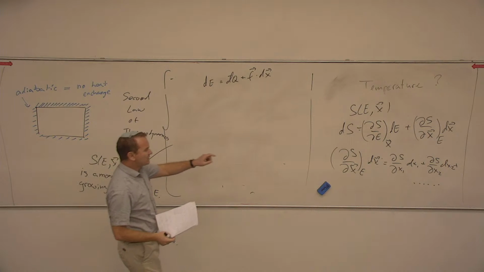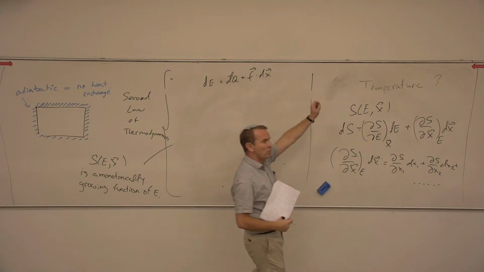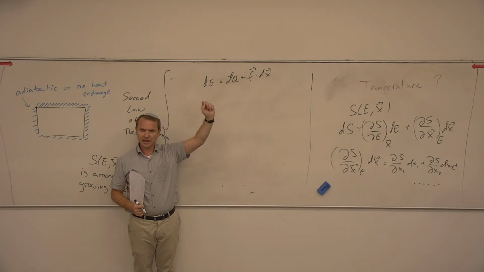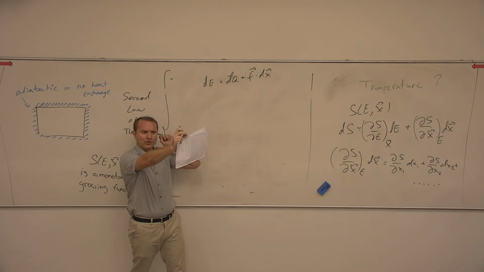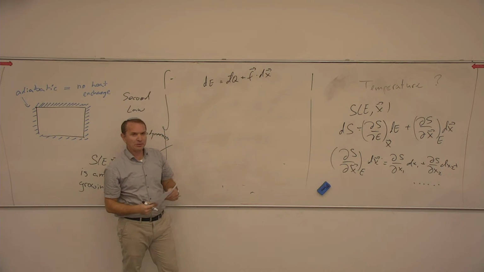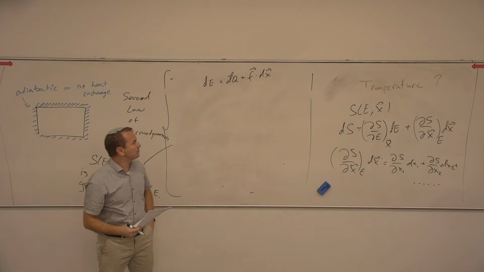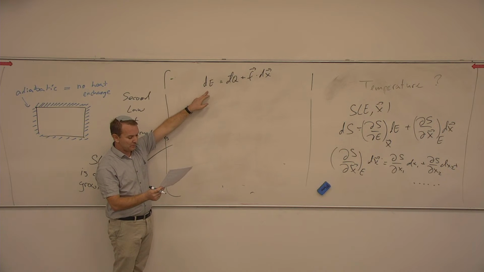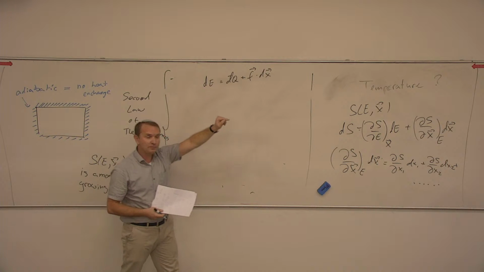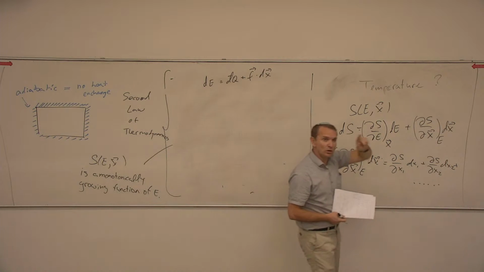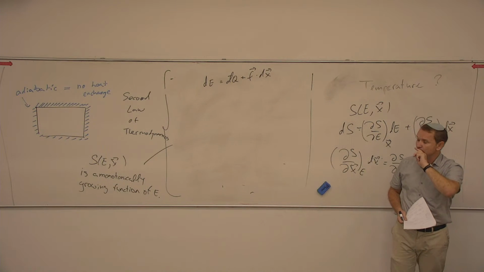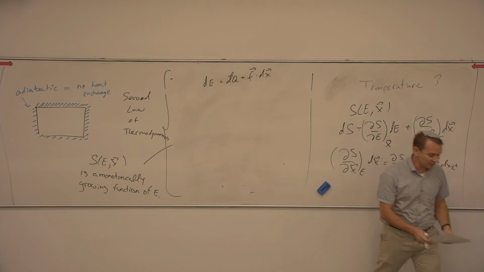Now, I'm starting from one specific state and I'm moving to another specific state, and I'm using an adiabatic process in between. Moreover, the process is also reversible. So what does a reversible process mean?